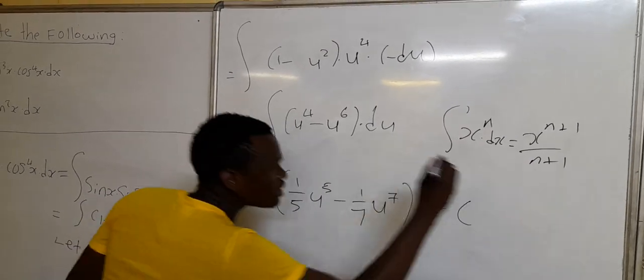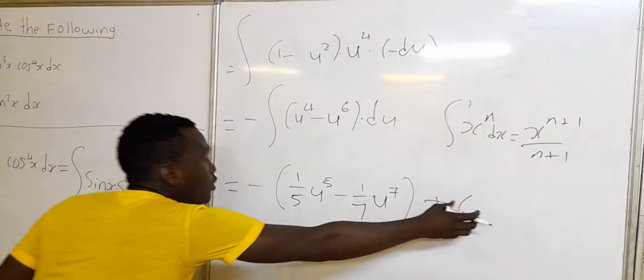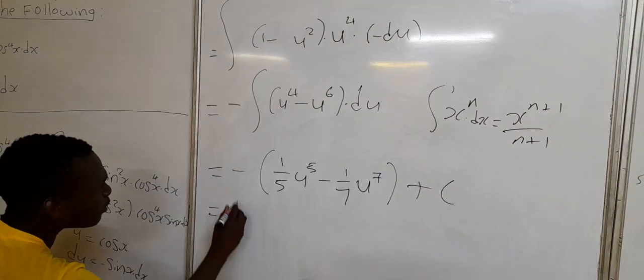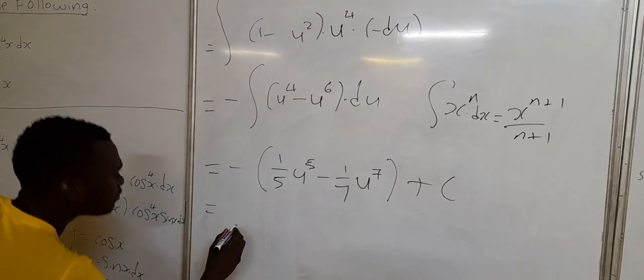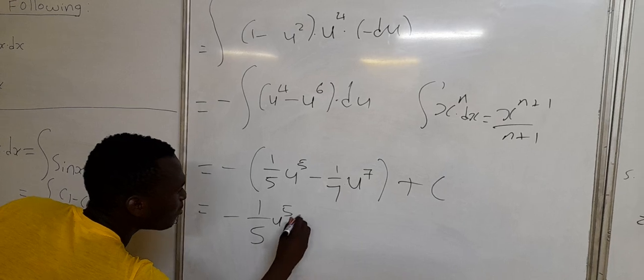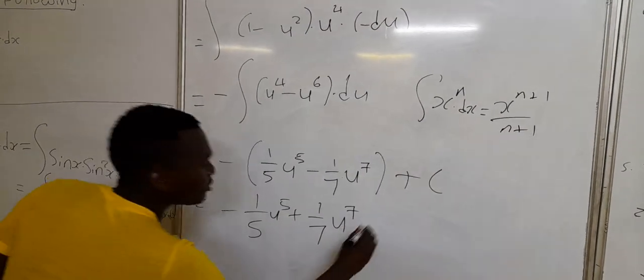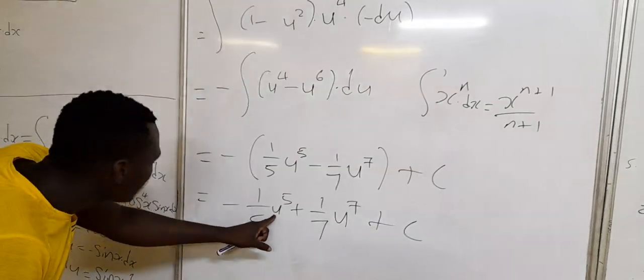Then plus a constant, because you know when you're integrating, we must add a constant. So we can remove the brackets by distributing the negative. So this is minus 1 over 5 u to the power 5 plus 1 over 7 u to the power 7, then plus c.